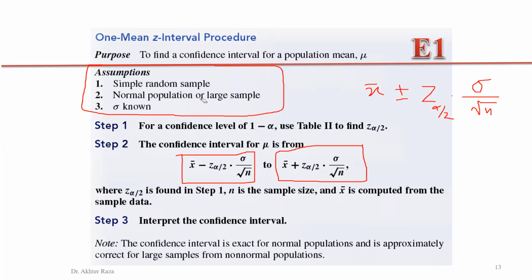So I can use the confidence interval procedure for finding the mean using the Z test, because the Kolmogorov Smirnov test is saying that the data is normal. The large sample size also indicates that we can use this procedure even if the data is not normal.